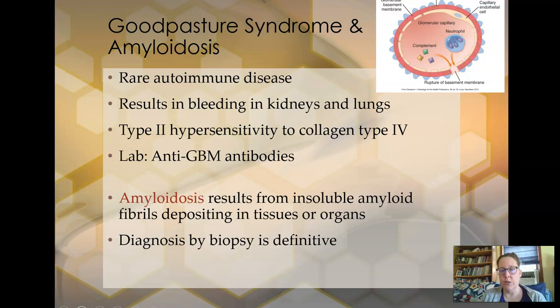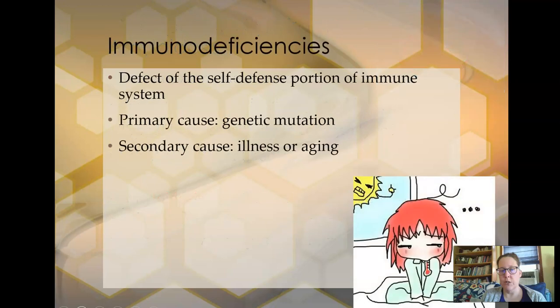And so it slowly destroys the kidneys and the lungs in those patients. Amyloidosis comes from insoluble amyloid fibrils that deposit in tissues or organs, and it can only be diagnosed by biopsy.